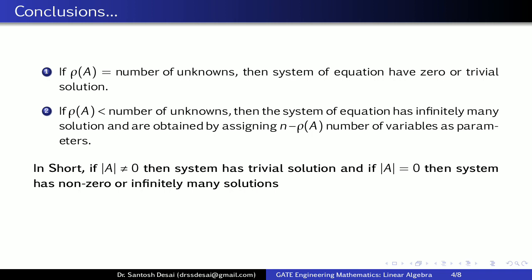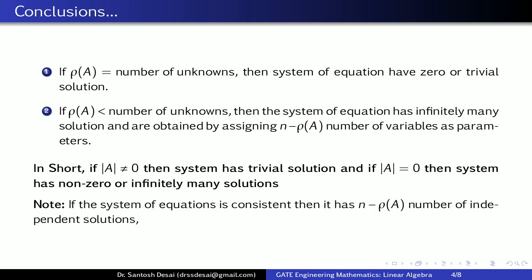Here we note that this short trick is applicable for only square matrices. That is, if the coefficient matrix is square, then one can apply this directly. And here we note that the system of equations is consistent, then it has n minus rank of A number of independent solutions. Now let us consider the examples.